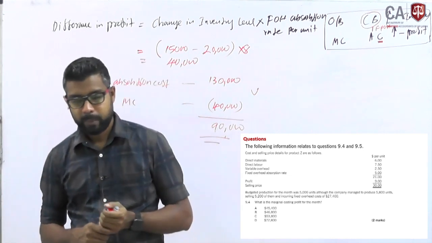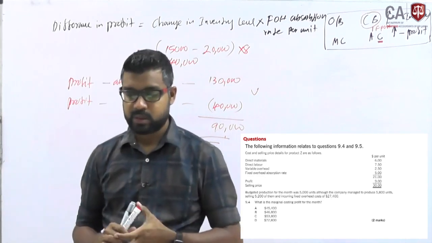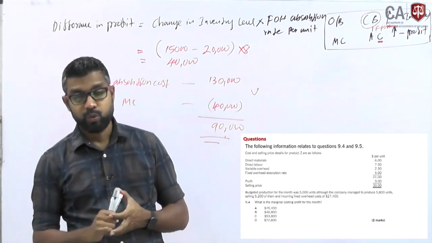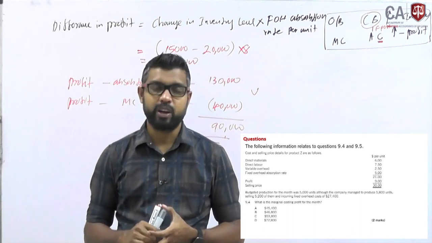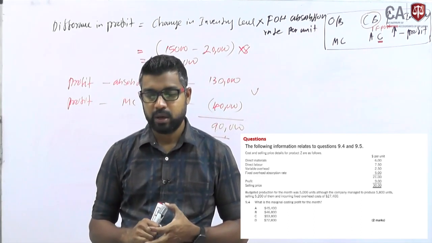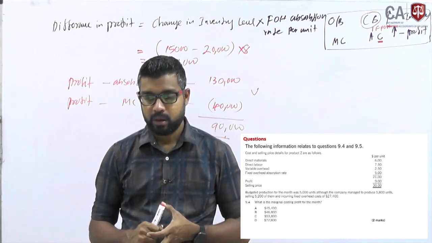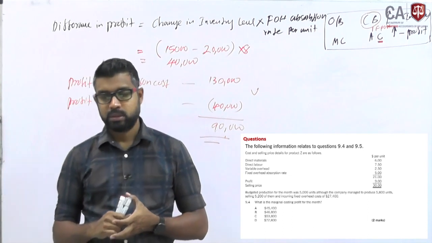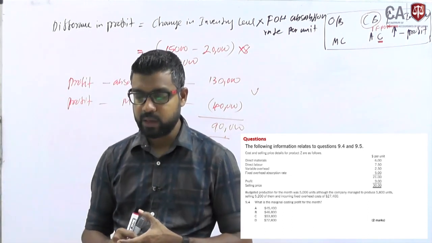Direct material 6 per unit, direct labor 7.5 per unit, variable overhead 2.5 per unit, fixed overhead absorption rate 5, profit margin 9, and then selling price they have given, 30.